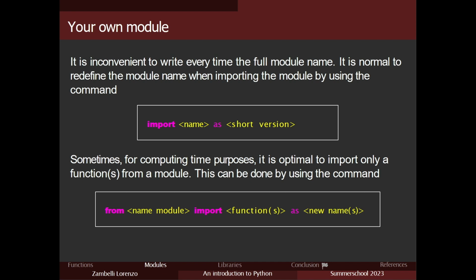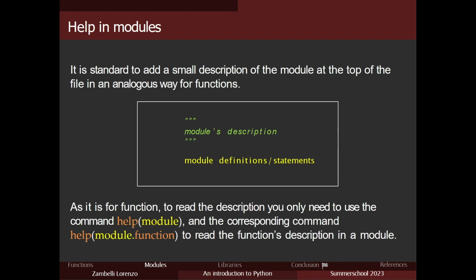Basically you use from the module name, import a function or multiple functions. Just use the import command. And then you can also write the short versions. So yeah, that's nice.